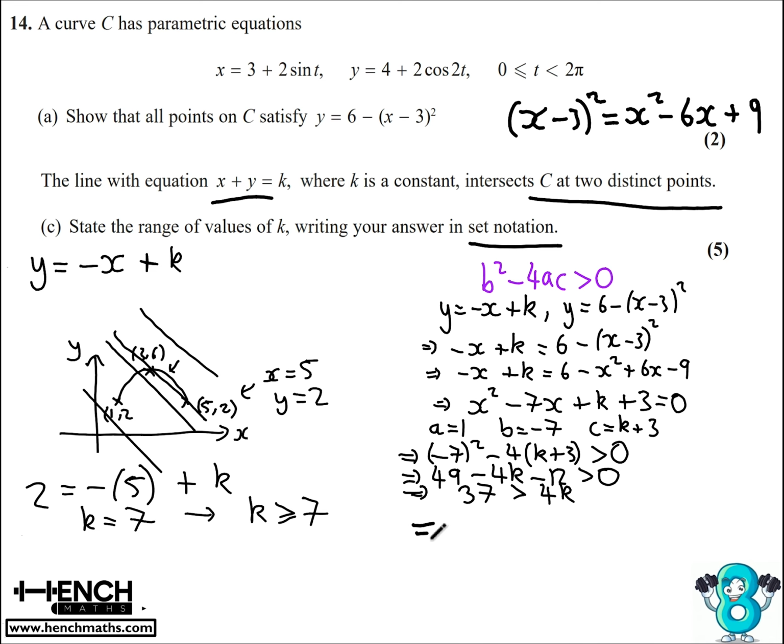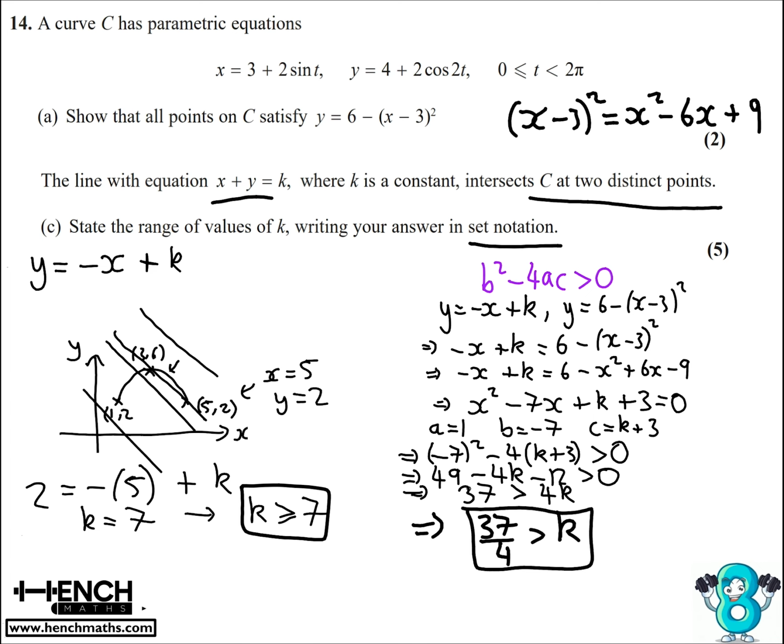So finally, our inequality we'll get is 37 divided by 4 is larger than k, or k is less than 37 over 4.